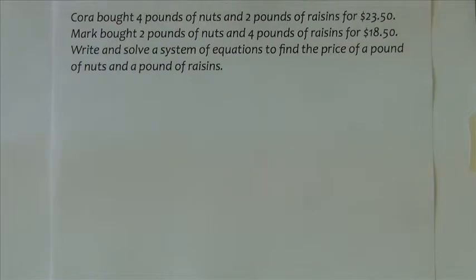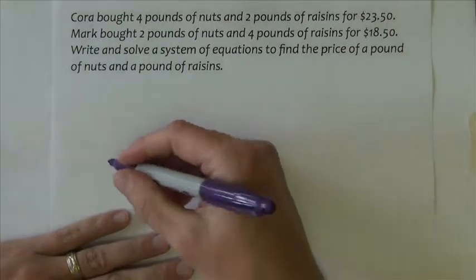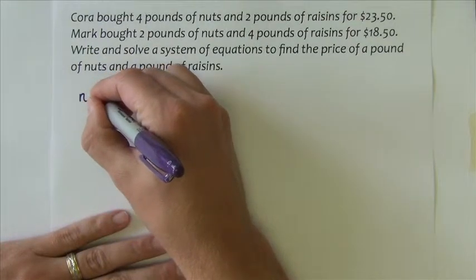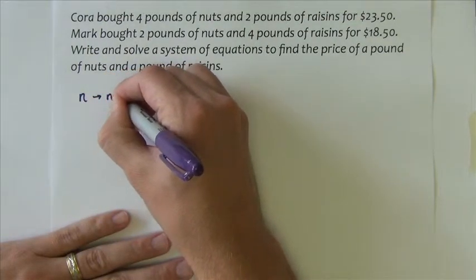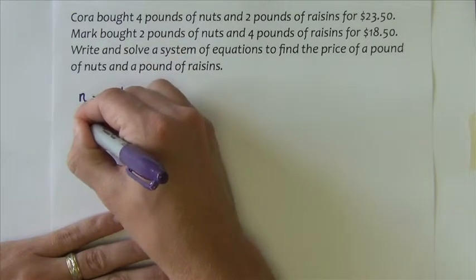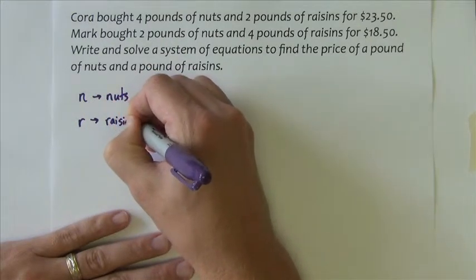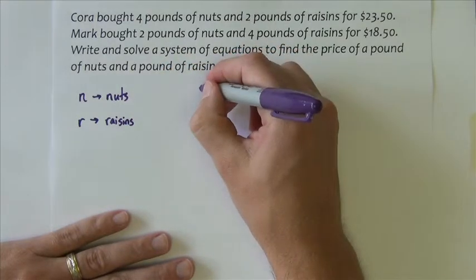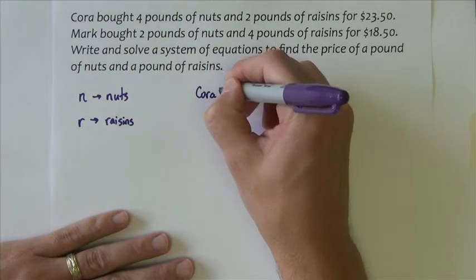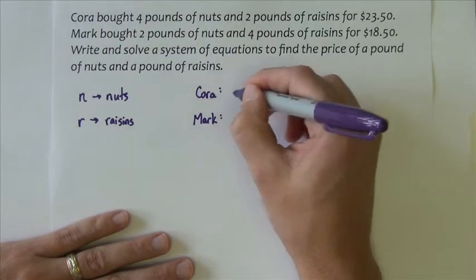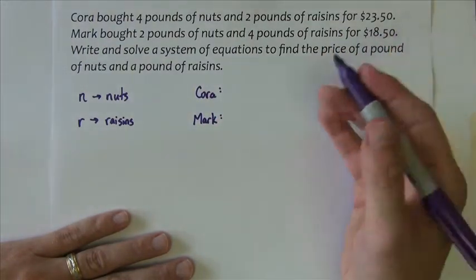So the first thing I should do is define some variables. Let's define N for nuts, R for raisins, and let's write a couple of equations. So an equation for Cora and what she bought and paid for.